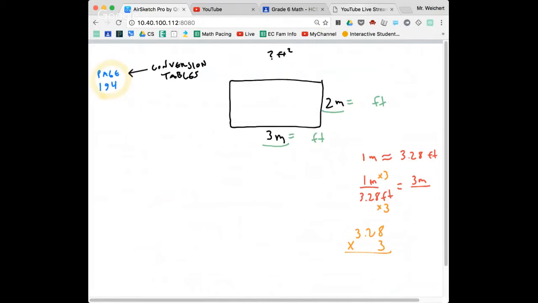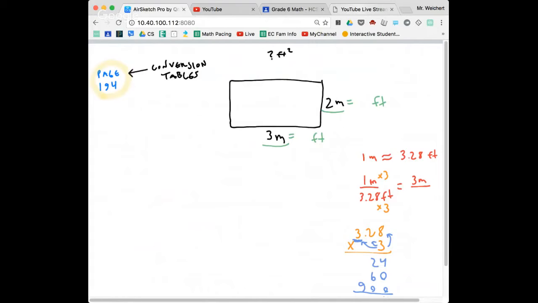So here we go. 3 times 3.28. I'm just going to do it partial method. So 3 times 20 is 60. You might do this a little differently. That's okay. 3 times 300 is 900. Oh, that's actually not 300, is it? It's 3 ones. I forgot about the decimal. That's okay. So I'm going to add these up.